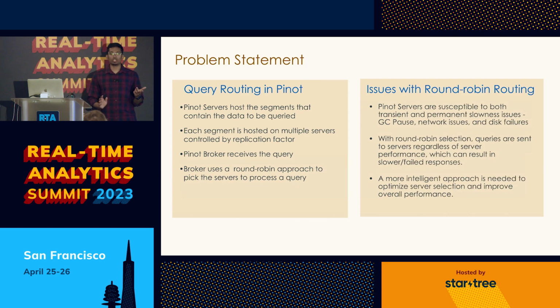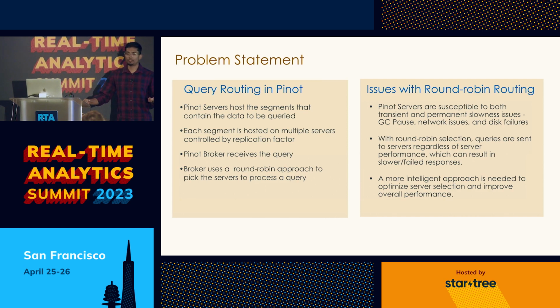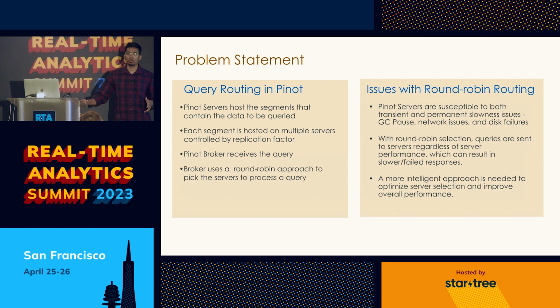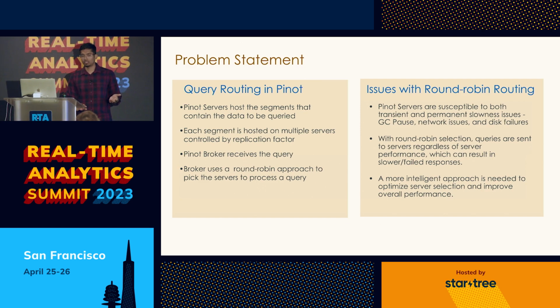The issue with round robin is, as we know with any distributed system, we are going to use a bunch of commodity hardware, and all this hardware is susceptible to slowness issues and failure issues. At LinkedIn, we've seen a number of cases where the servers slow down because of things like long GC pauses, network issues, disk failures, and so on.